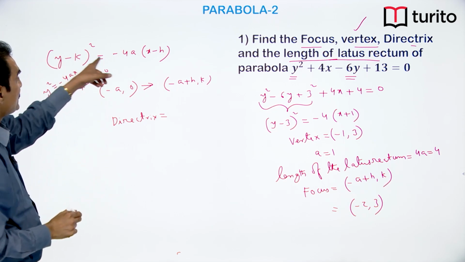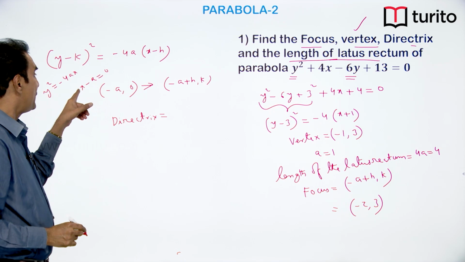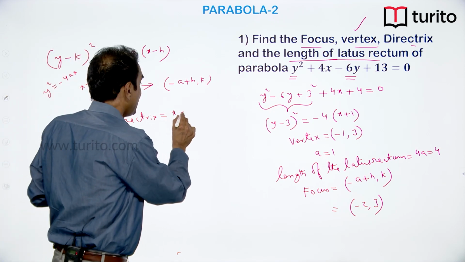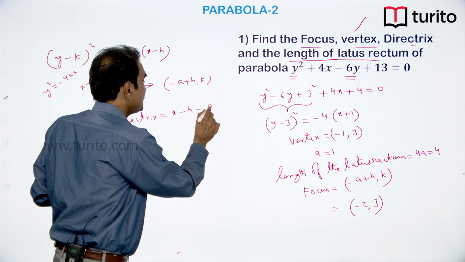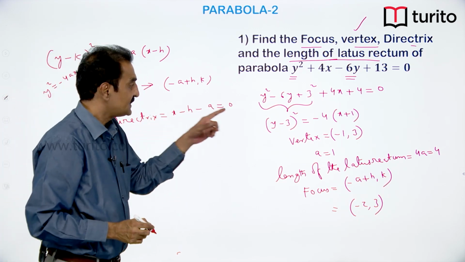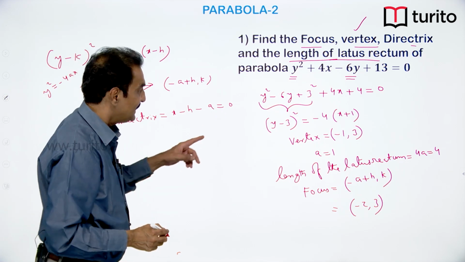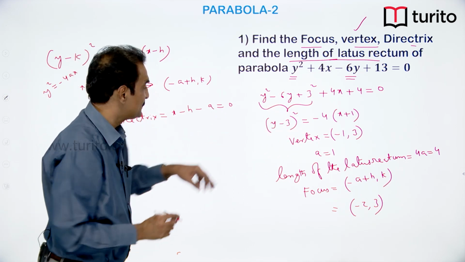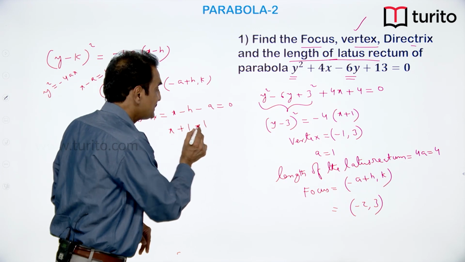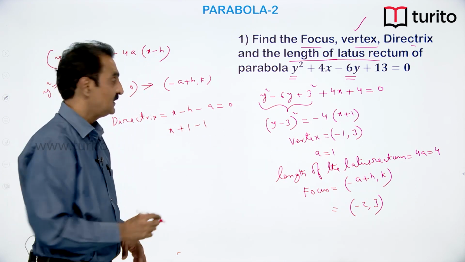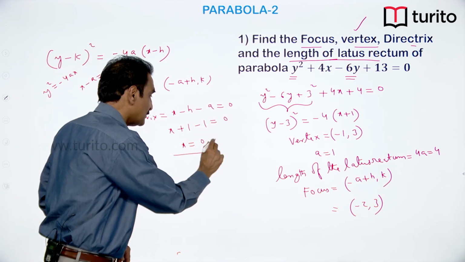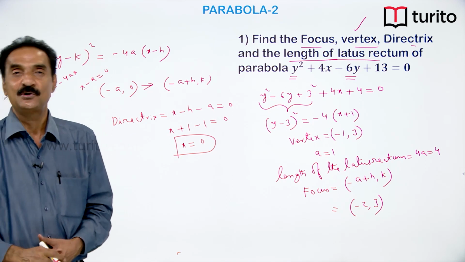Now, directrix of this parabola will be given by replacing x by x minus h. It will be x minus h minus a is equal to 0. What is x minus h minus a? X minus of minus 1, that is x plus 1, minus a means minus 1 is equal to 0, which is x is equal to 0. Directrix is x is equal to 0 or y axis.